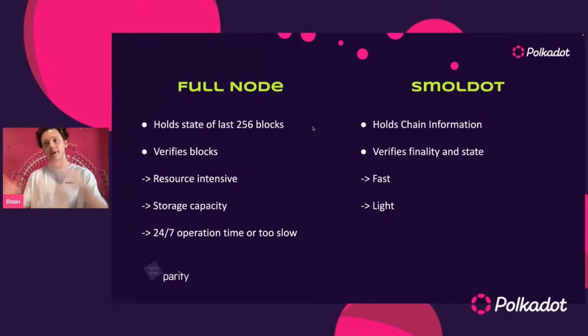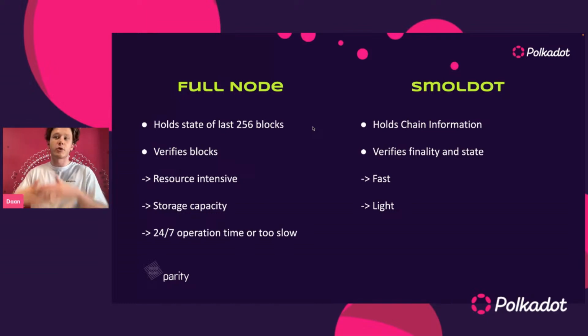One is that we all run a full node, which is basically the validator binary, which is a very resource intensive program because it holds the states of the last 256 blocks. In addition, it verifies all the blocks and all its transactions.